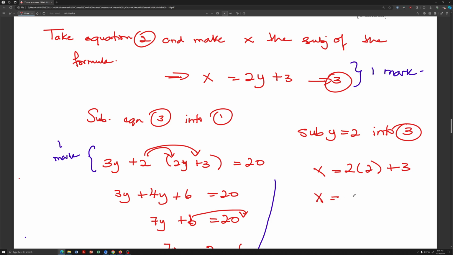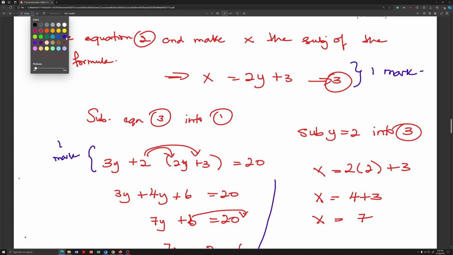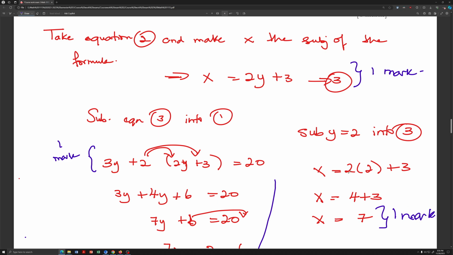So x is equal to 4 plus 3. x is equal to 7. Just for finding what x is, I'm also going to get 1 mark here. That's how I get my 4 marks for this question here.